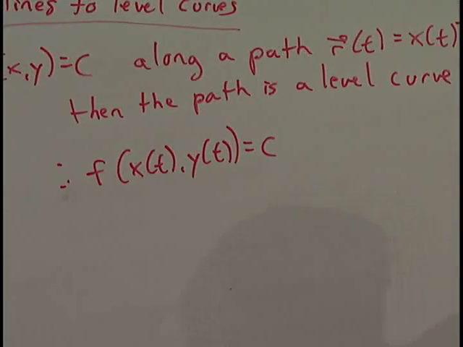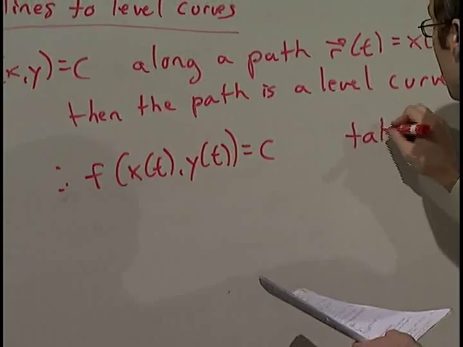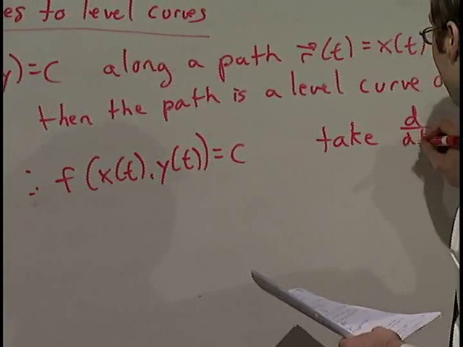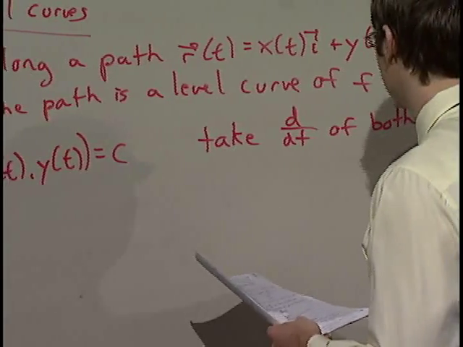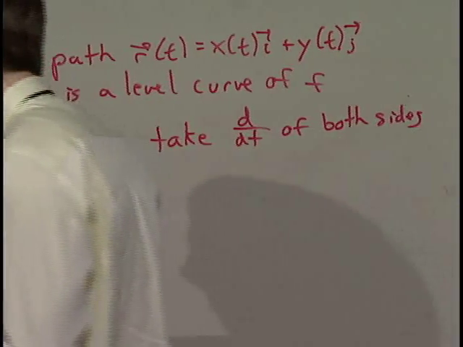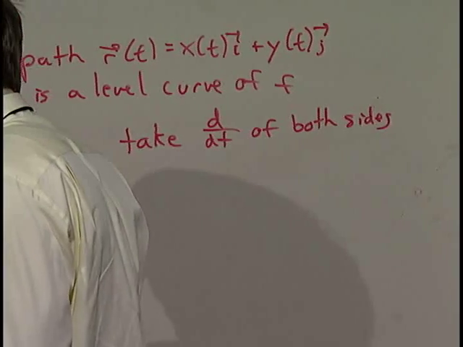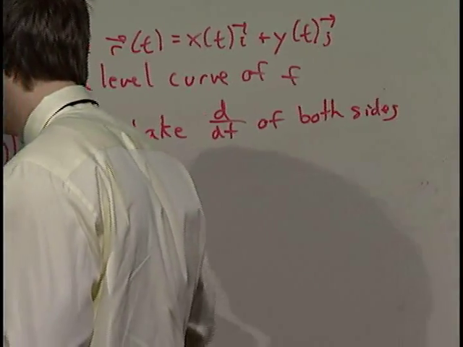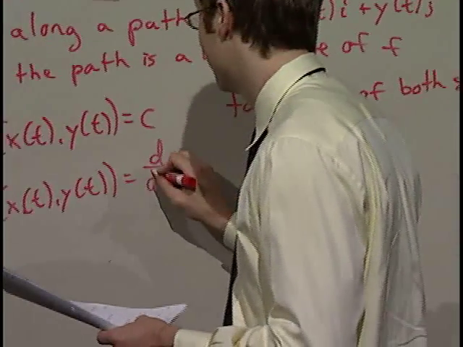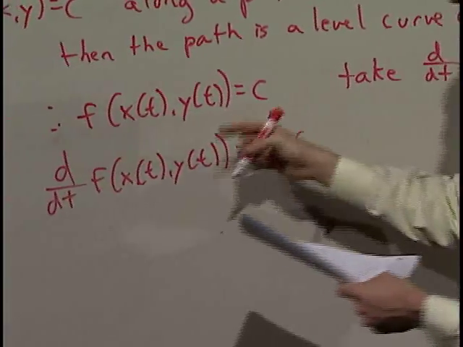And you could take d/dt of both sides here. Take d/dt of both sides, right? And what do you get? You have to use the chain rule on that side, and d/dt of a constant is just 0, so that's easy.